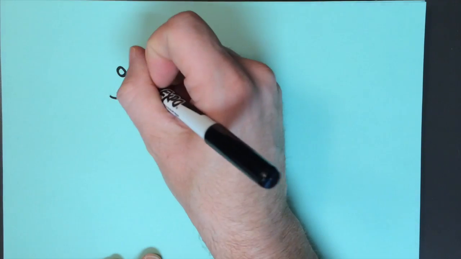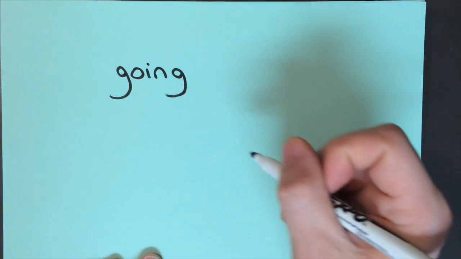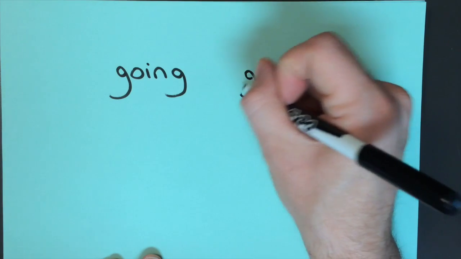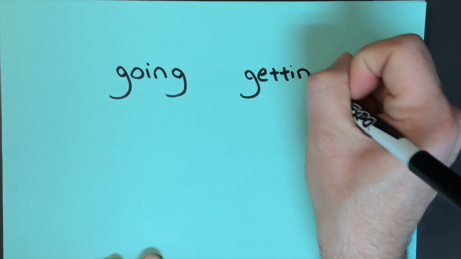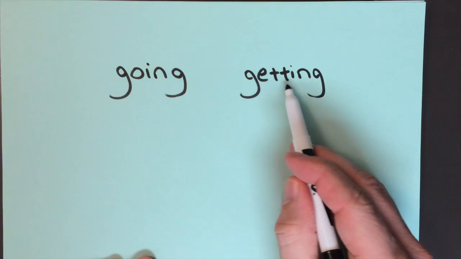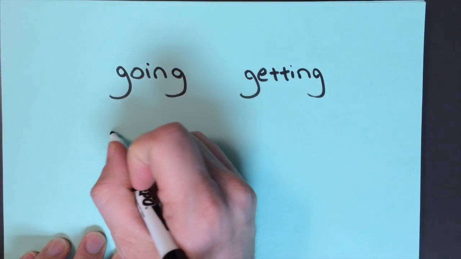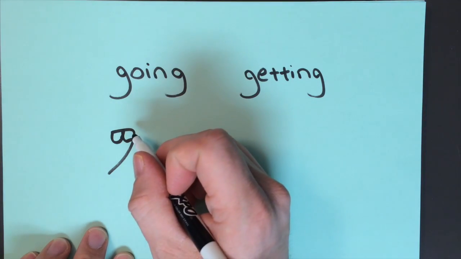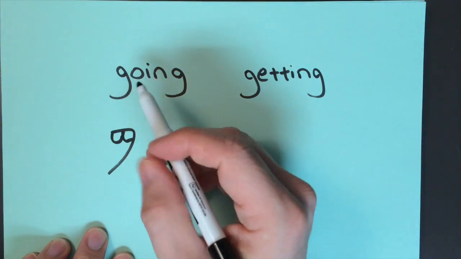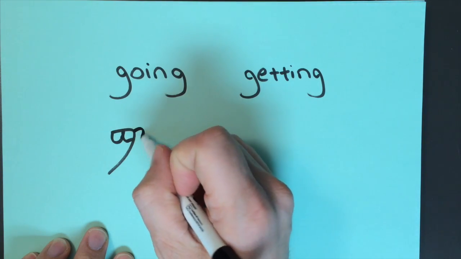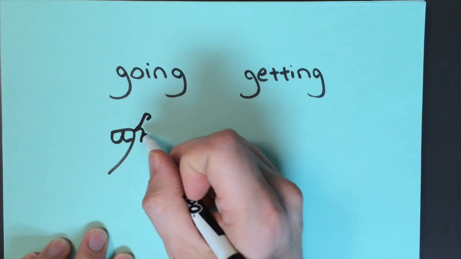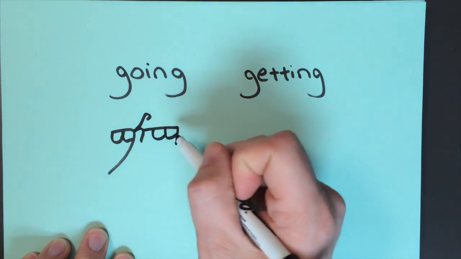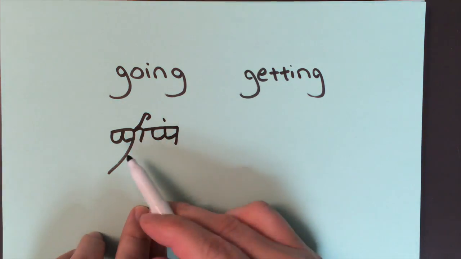I wanted to show a couple more words just to give illustrations of how to use this. So we're going to look at going and getting, because it's important to notice, especially on this one, the double consonant. So let's do our G like this, like that, and then because there's two vowels, I'd probably do my carrier like this, O, then do my NG like this with an I over top, going.